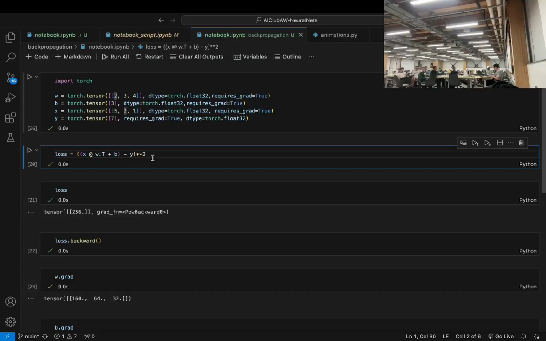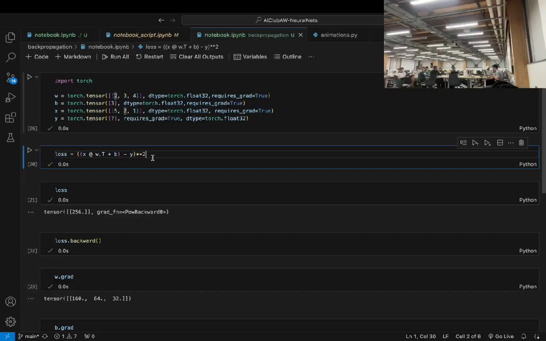The problem is that if we just do X times W, we are going to be multiplying matrices whose inner dimensions are not compatible, because here we have a 3 and here we have a 1. But if we do X transpose, then the case is going to be like this.